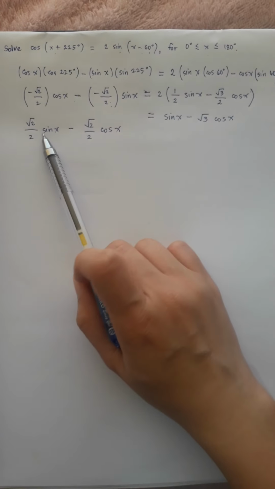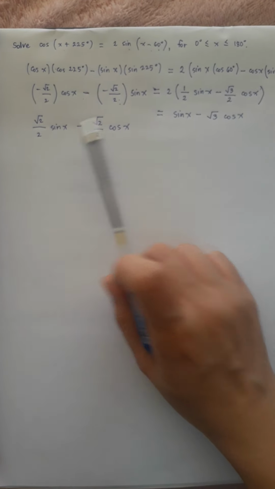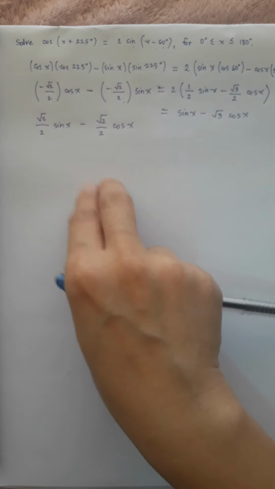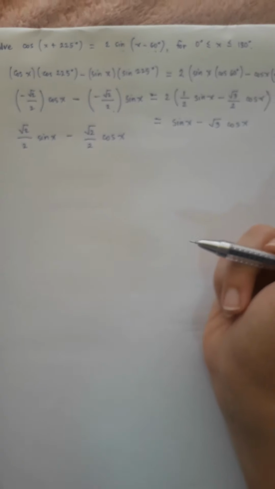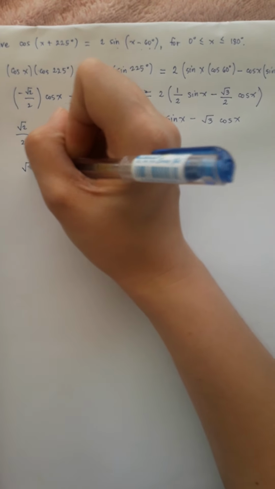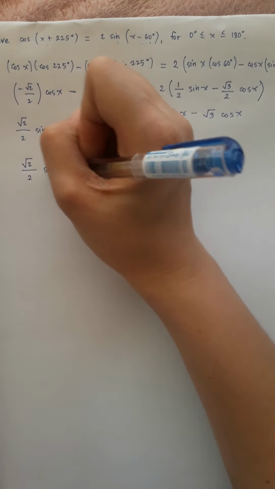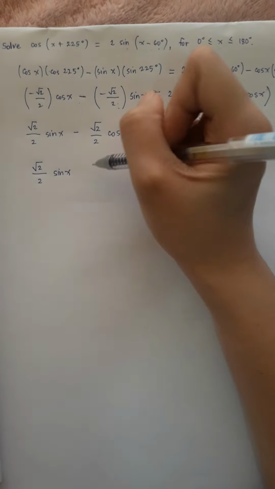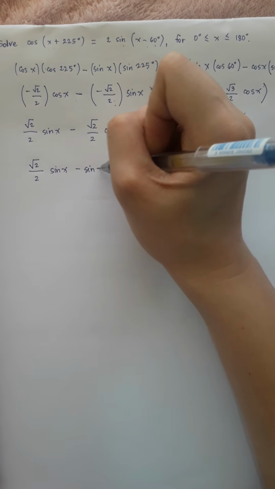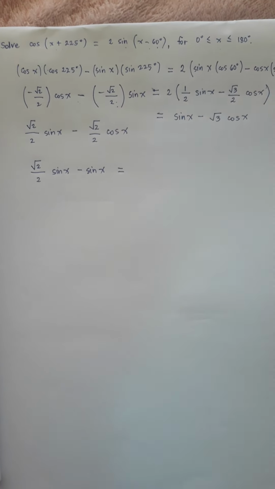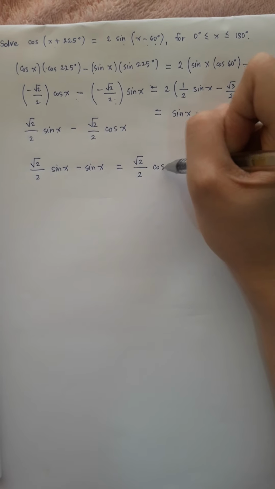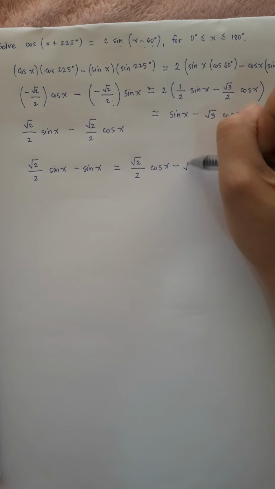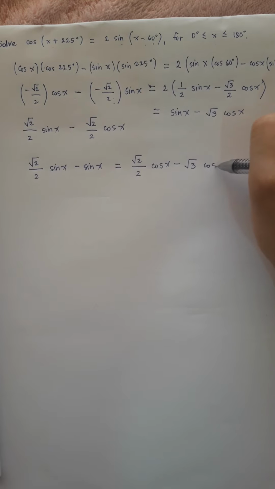Since we have a sine x on the left and on the right, we can combine all our sine x in one side and all our cosine x on the other side. So it will give us square root of 2 over 2 sine x minus sine x is equal to square root of 2 over 2 cosine x minus square root of 3 cosine x.